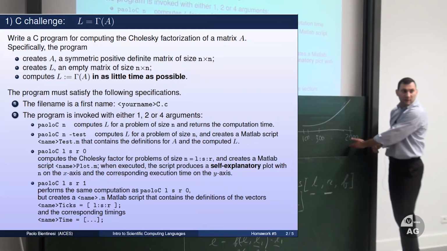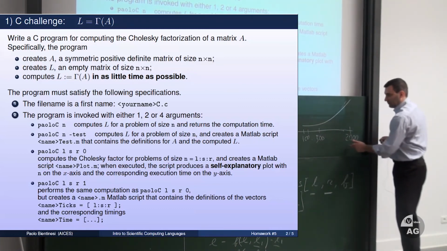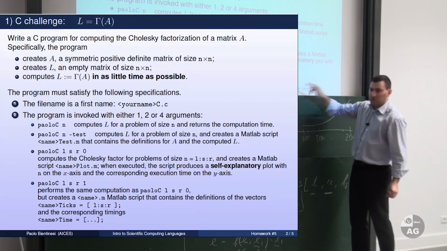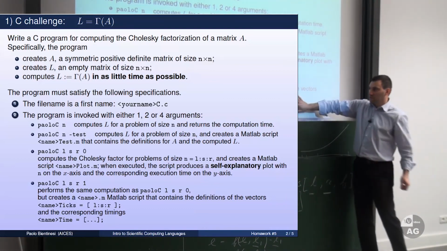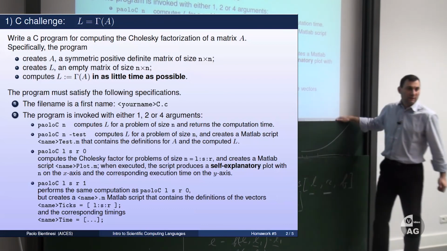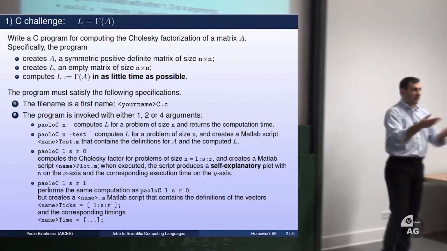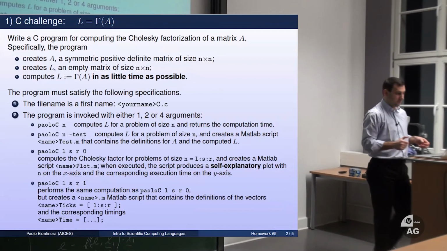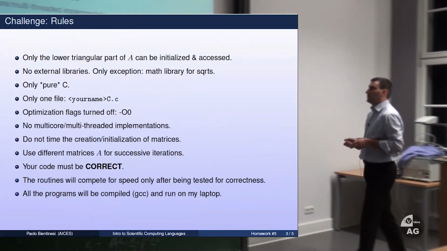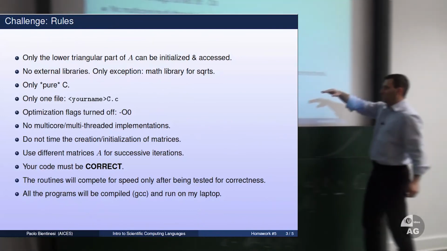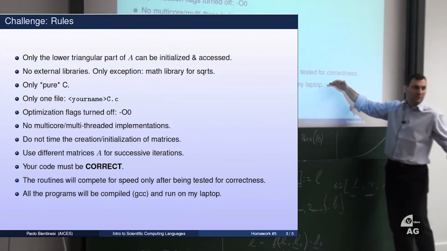That's going to be one vector containing these numbers, and the other vector will contain the corresponding timings. And I will use these arrays to compare and see who is going to win. So what you're using as a reference comes out here. Everything will be run on my laptop, so that unifies it.